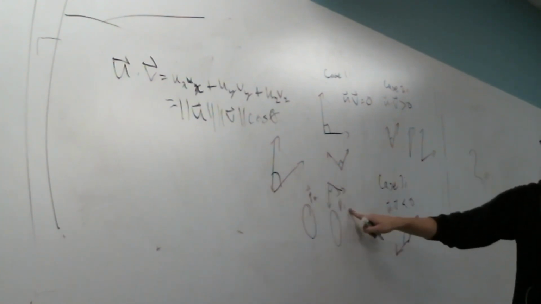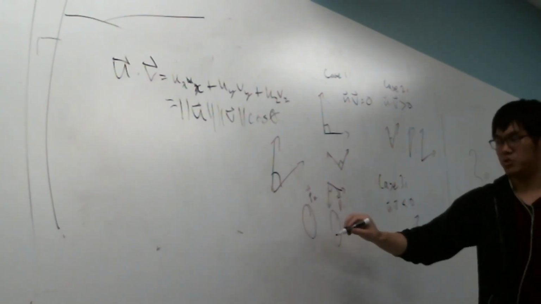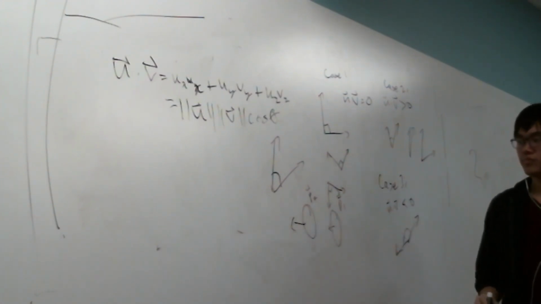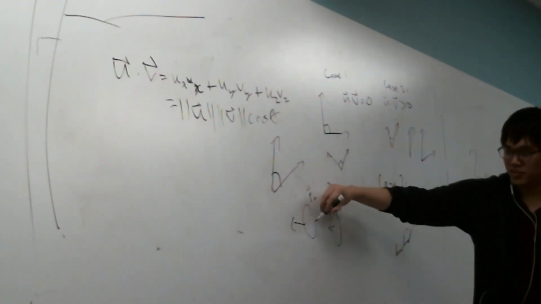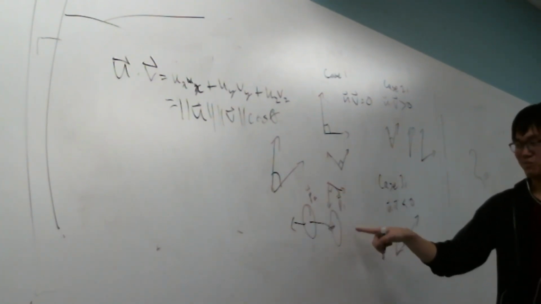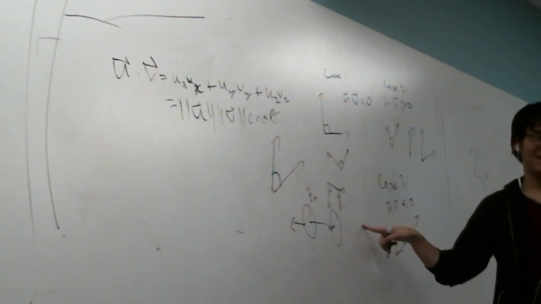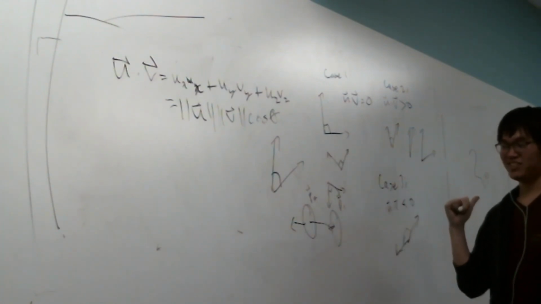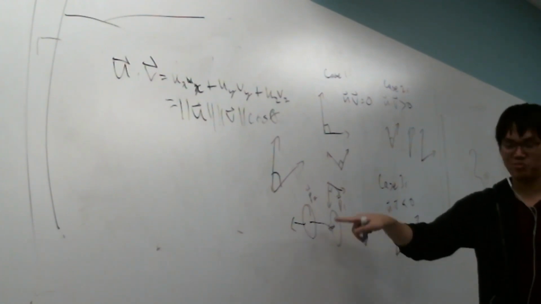P2 is facing this way, but P1 is relatively behind. So player 1 can only backstab the second player if he is behind player 2.